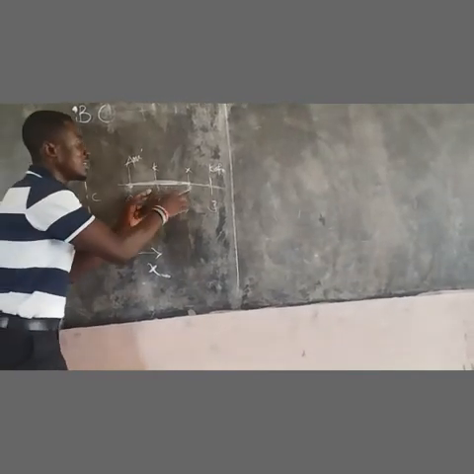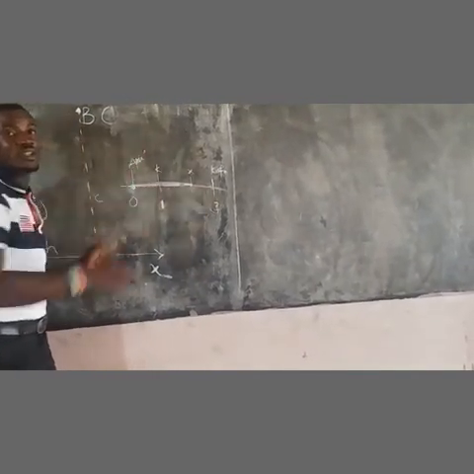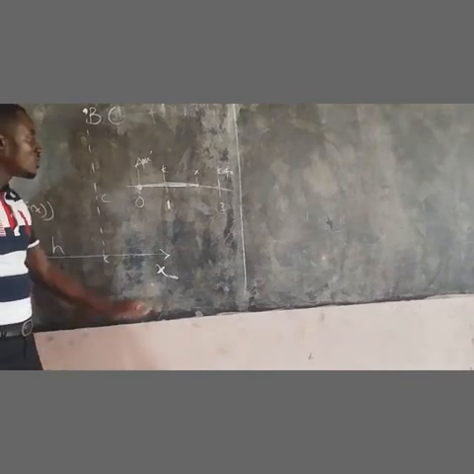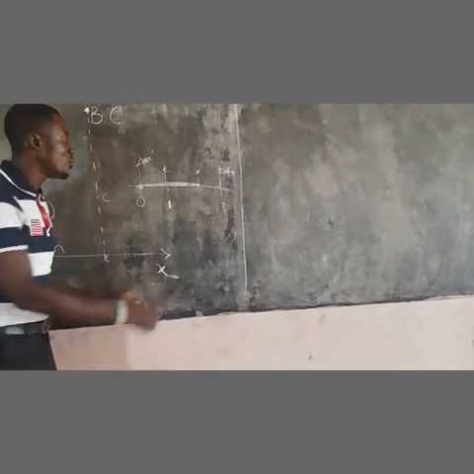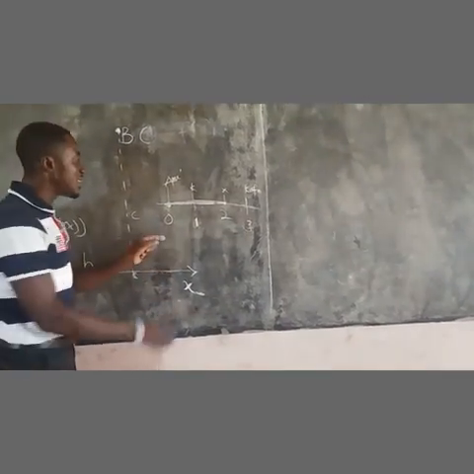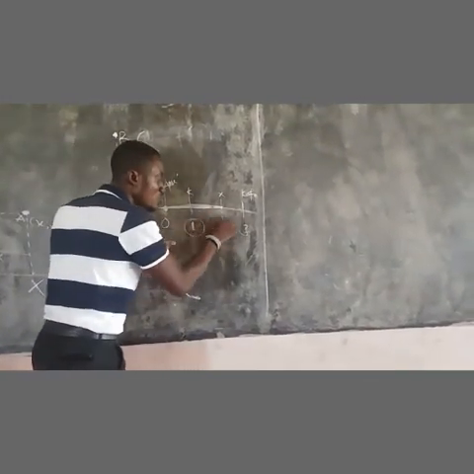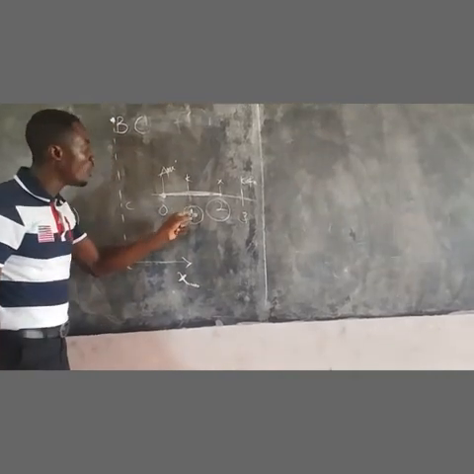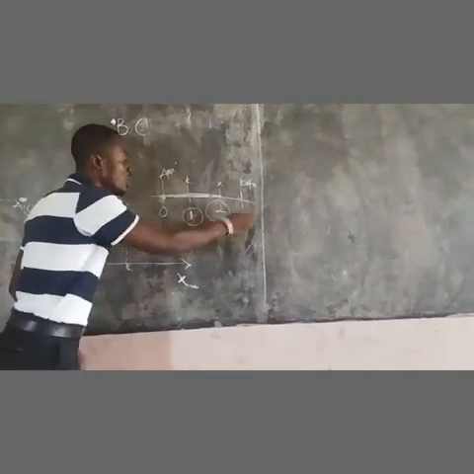How do we get the distance of this part? If you take 1 from 3, you get this side to be 2. So the 3 that you see here is the sum of 1 and 2.